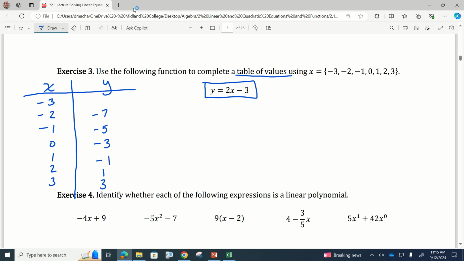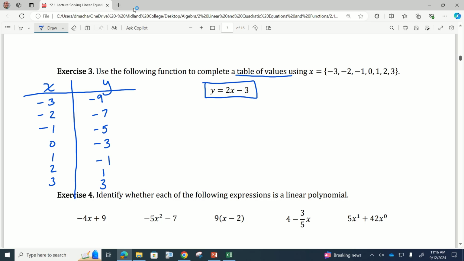And 2 times -3 minus 3 would be -9. Does everybody understand how I used the function to generate that table of values? Exactly. I just plugged in the values of x to calculate y every time.